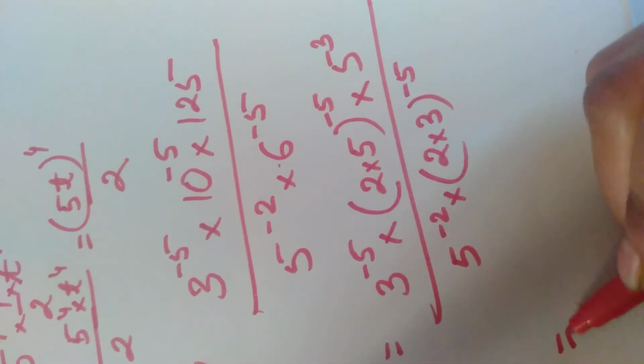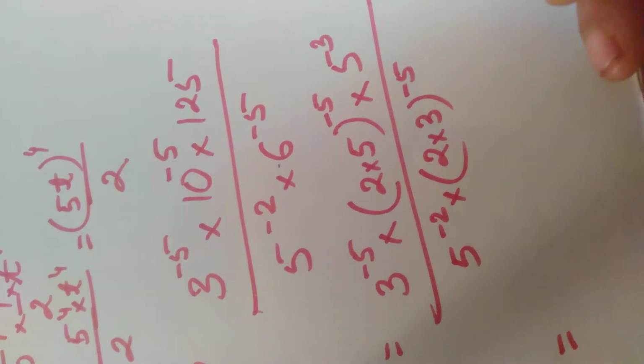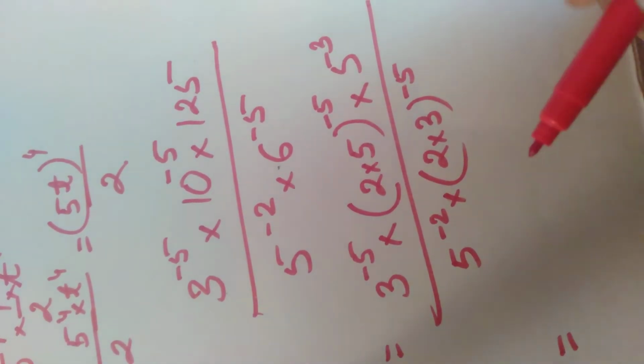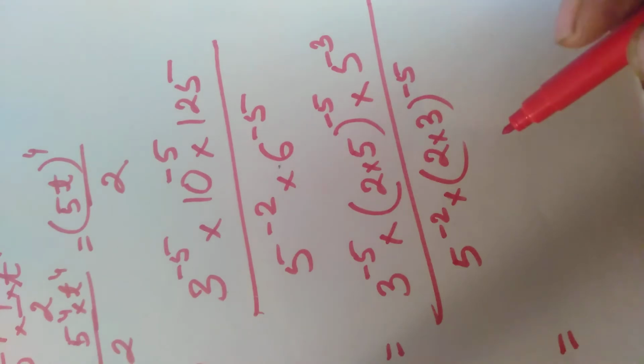Now again take the common numbers together and separate out, and you can make all the powers positive.